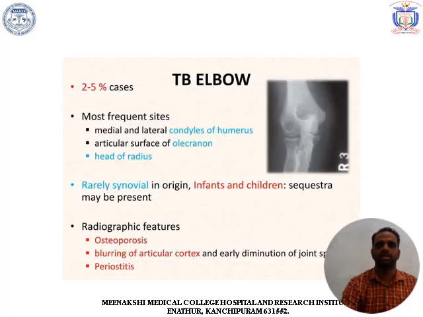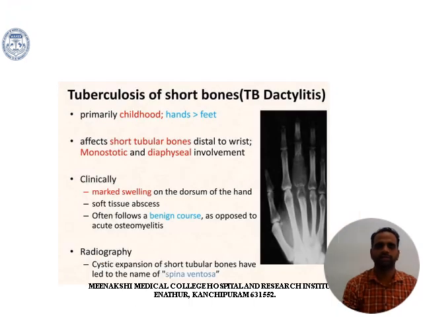Culminating variety in case of children. TB elbow: 2 to 5% of cases involve the elbow. Most frequent sites include the medial and lateral condyles of the humerus, articular surface of the olecranon and head of the radius, rarely synovial in origin. Radiographs will show osteoporosis, blurring of cortex, and periostitis.